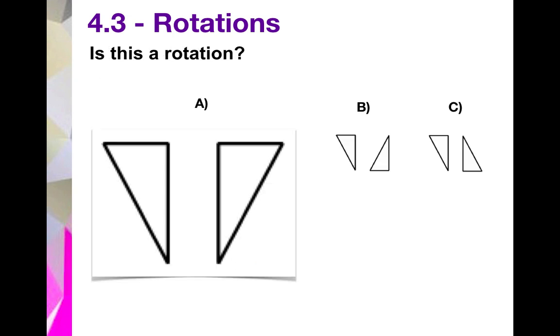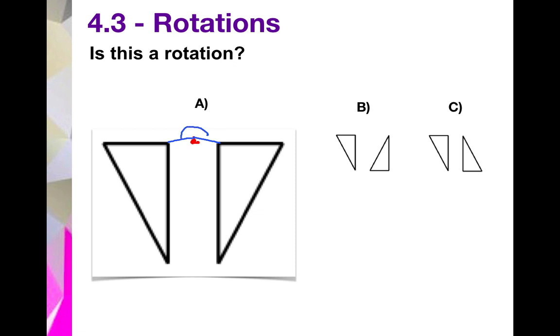Let's check this out. This first one, you can see it's not a rotation. In fact, it looks more like a reflection. Let's just pick a point and say that this is the center of rotation. If I choose this point and this point, you'll see that they're the same distance, so it passes that test, and then we have this angle here.